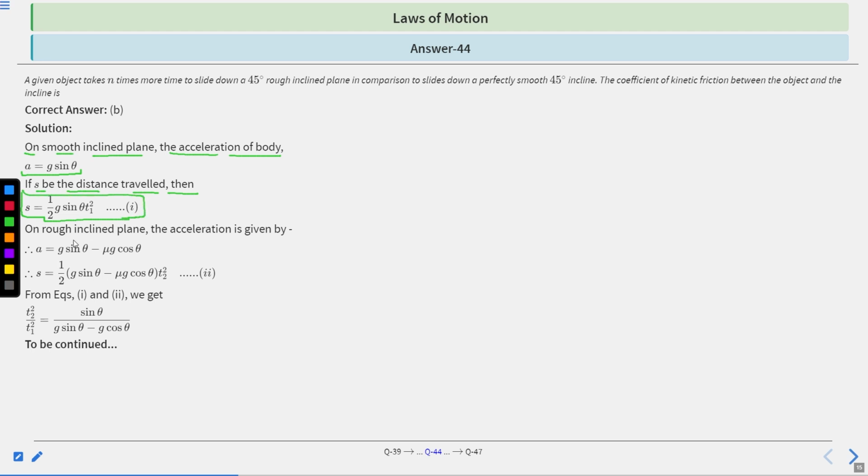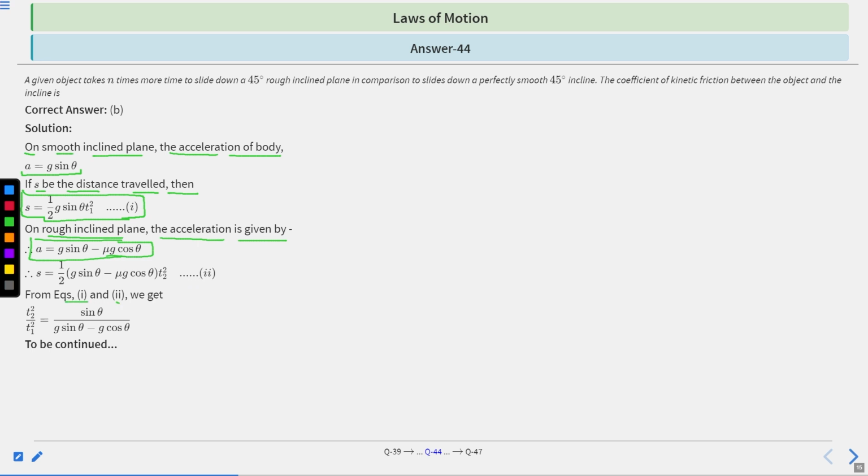On the rough inclined plane, the acceleration is given by a equal to g sin theta minus mu g cos theta. Clear? And s equals half (g sin theta minus mu g cos theta) t2 square. Let this be equation second.